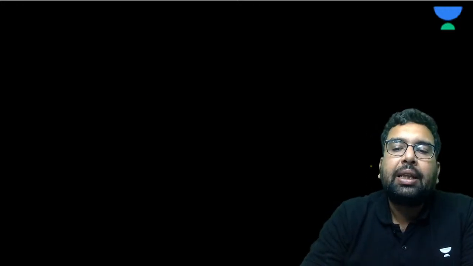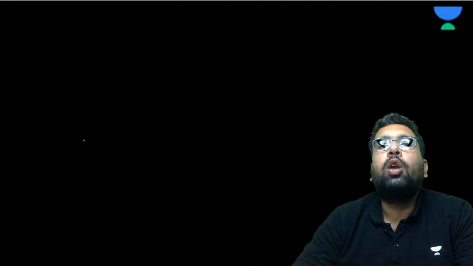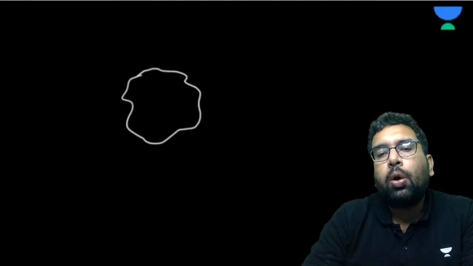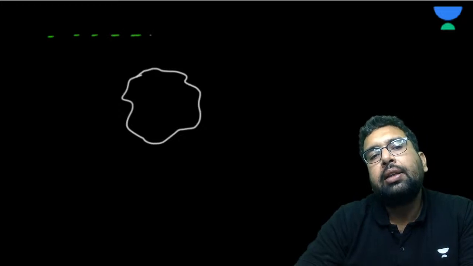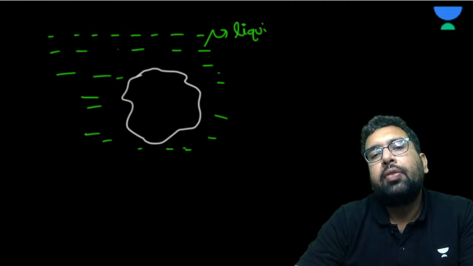Now, please understand this. Where does it find its use, and when can we call some sort of stress a volumetric stress? Let's suppose we have some body, and this body is inside a static fluid. This is some sort of a liquid around it.